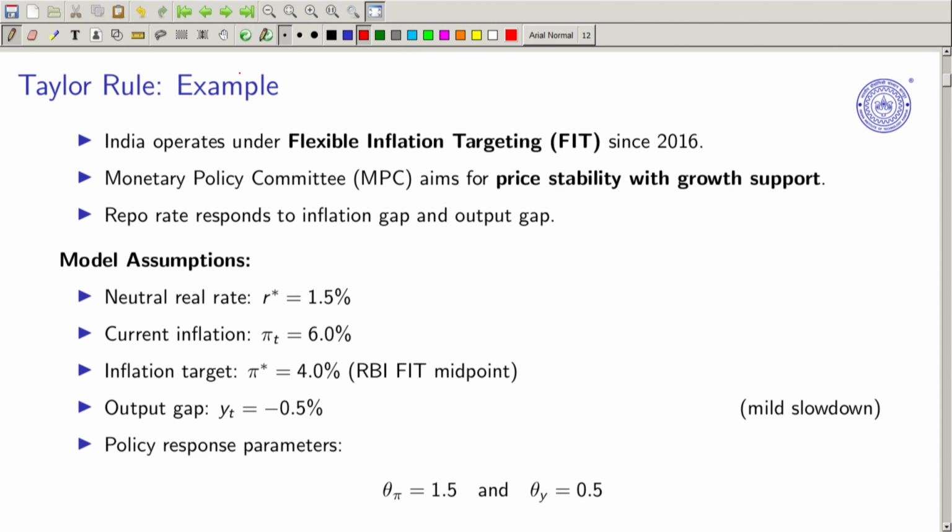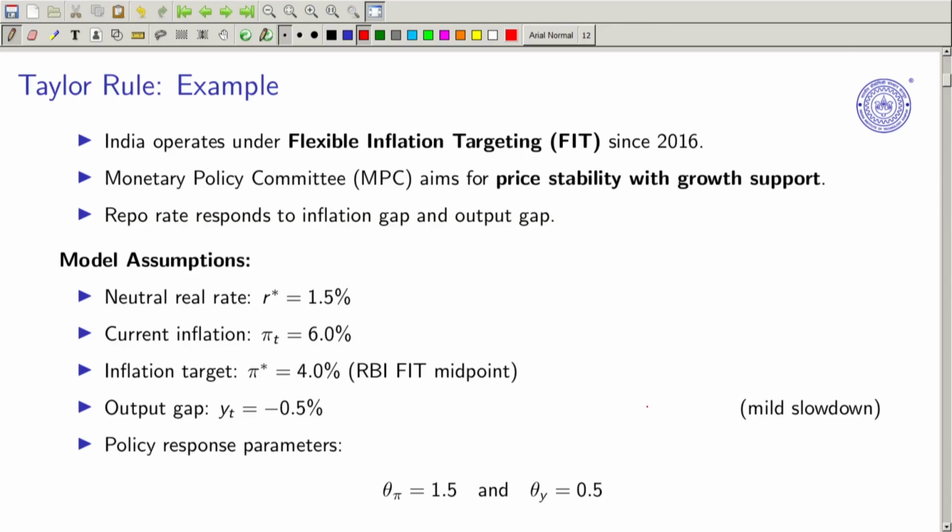Suppose we are assuming that theta pi and theta y are unbounded, like you cannot just keep them between 0 and 1, they can take any value because this is based on just regression. You can also run the regression and find out. So this is unbounded. This is also one of the demerits of this particular model.